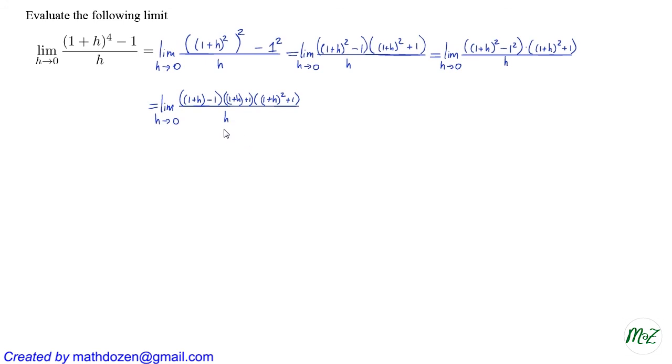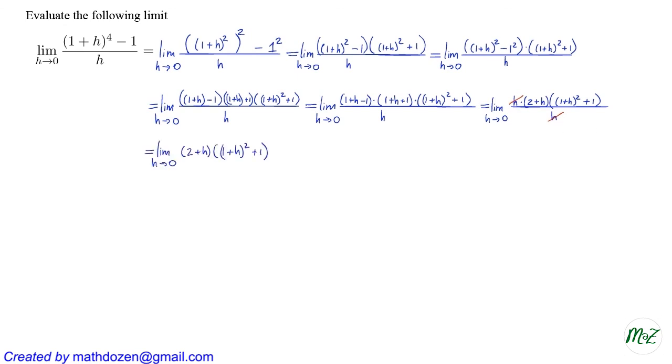So what happens, we remove unnecessary parentheses, and we have 1 plus h minus 1, which 1 and minus 1 cancel, and 1 plus h plus 1 becomes 2 plus h. Okay? And after all of this factorization, we see that we get to cancel h in numerator and denominator.